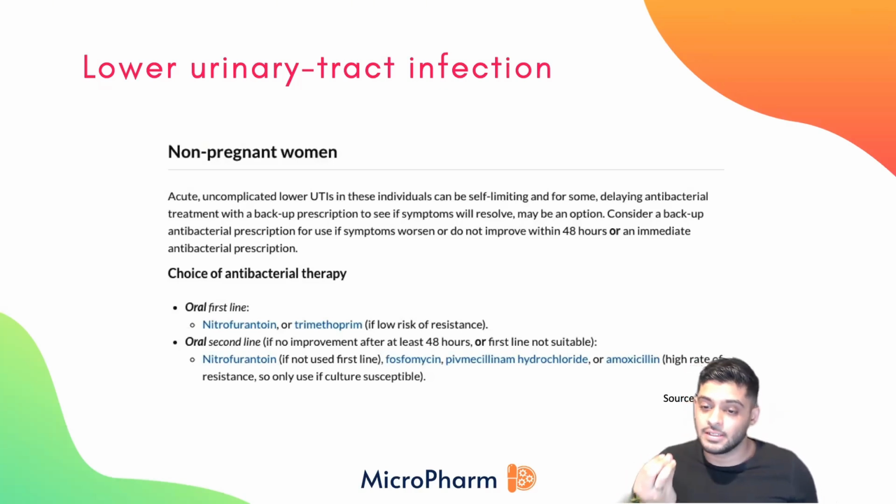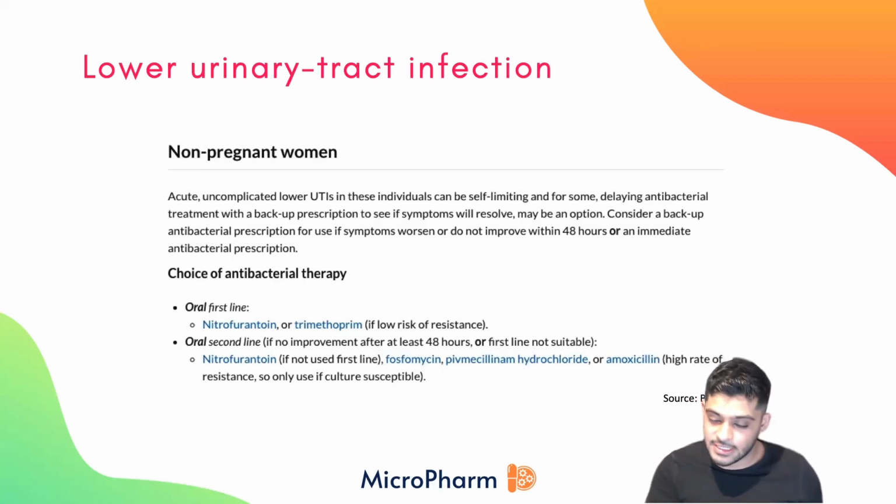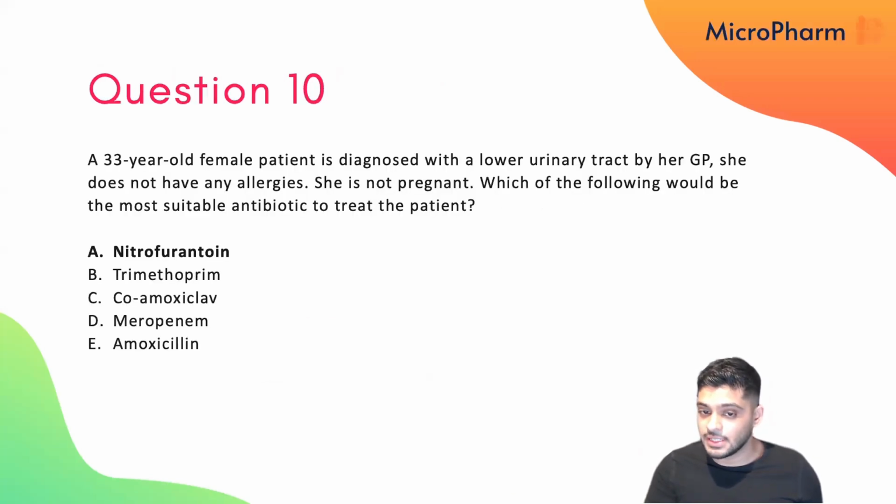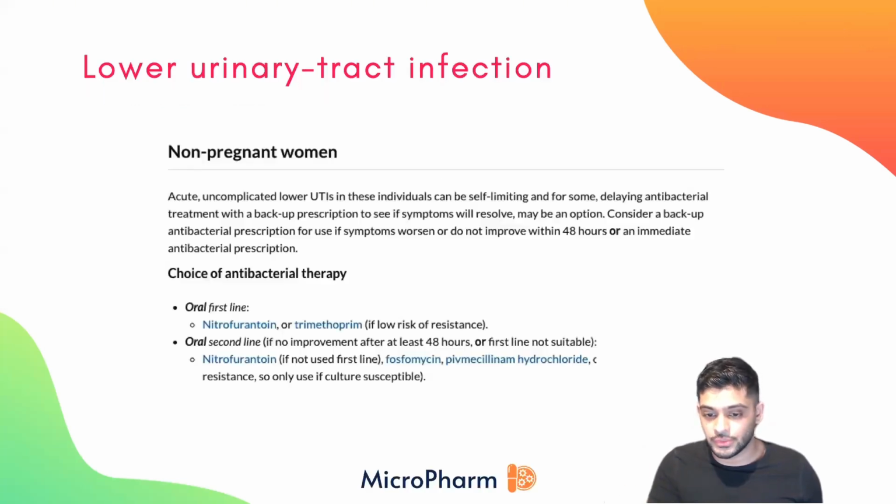The E. coli identified from patients demonstrates resistance to trimethoprim. And that's why in many cases, nitrofurantoin is the preferred option to trimethoprim, because resistance is much lower. If you consider back to single best answer, the more appropriate option is nitrofurantoin for this patient. She doesn't have any allergies, is not pregnant, so the most suitable is nitrofurantoin.